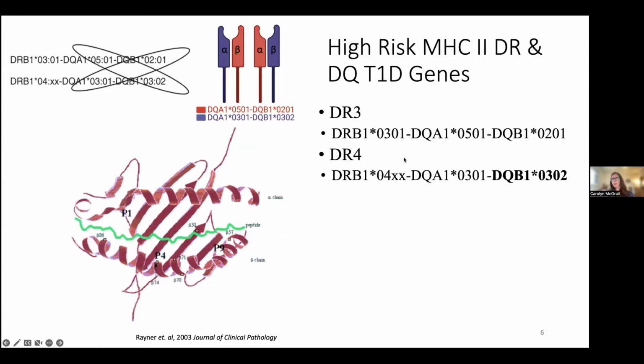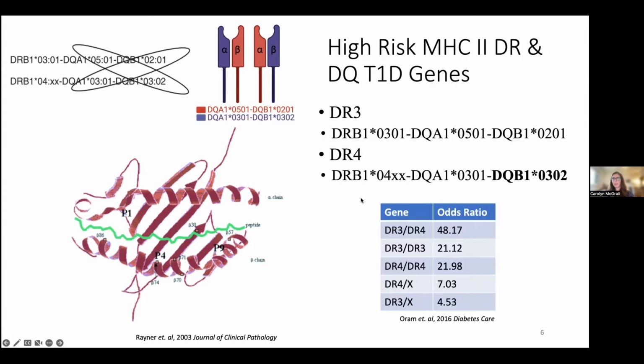So in T1D, we have these very high risk haplotypes, DR3 and DR4, which I've abbreviated for this purpose. They are different allele combinations in 3 genes in the class 2 region, and in different combinations they really do confer such an increased risk for T1D.